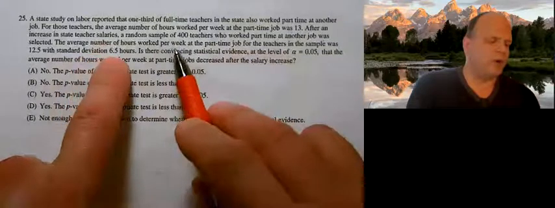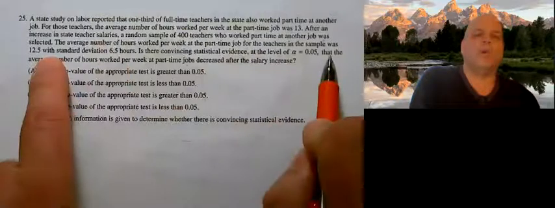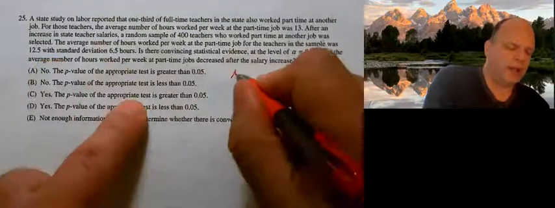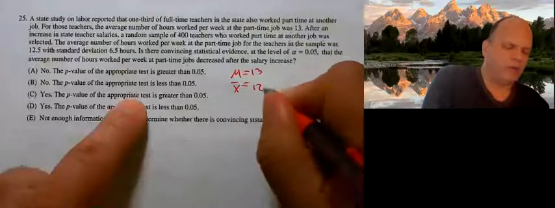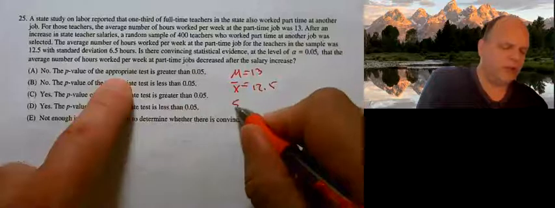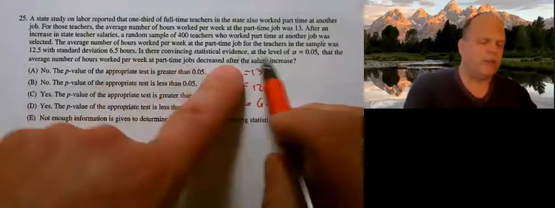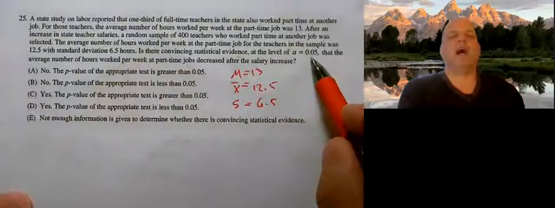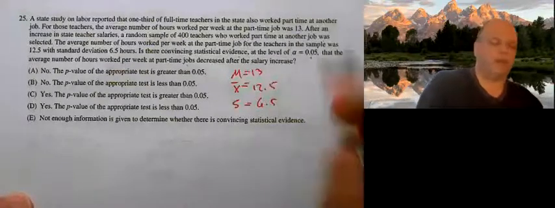The average number of hours worked per week at the part-time job for the teachers in the sample was 12.5. So we have basically a mean of 13 and an X bar of 12.5 with a standard deviation of the sample of 6.5. Is there convincing statistical evidence, at alpha equal 0.05, that the average number of hours worked per week at the part-time job decreased after the salary increase?